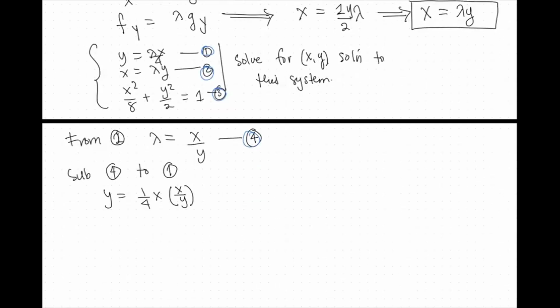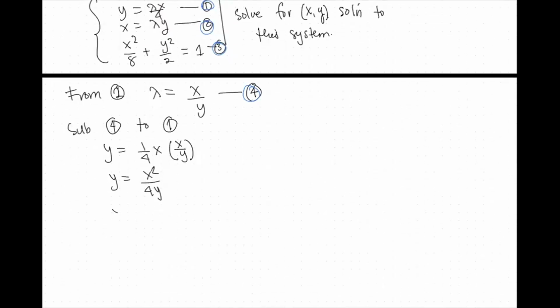So this means that we get y is equal to x squared over 4y. That means y squared is equal to 1/4 x squared. Okay? All right. Now, we will label this as equation 5.